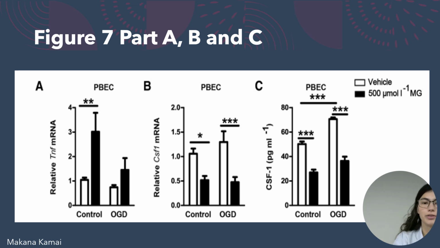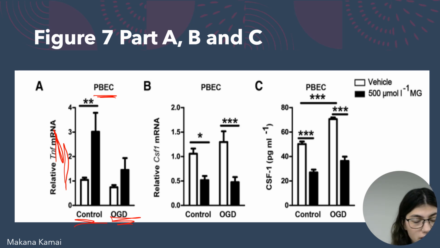Okay, we're going to be reviewing figure 7, parts A, B, and C. If you're looking right here, it shows the MG treatment increased TNF expression in primary brain endothelial cells, or PBECs, under controlled conditions and after oxygen glucose deprivation.